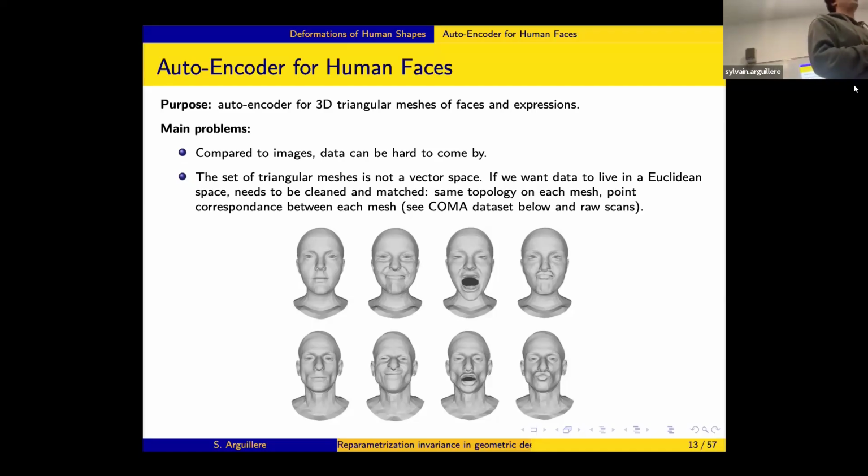Why do you have such extreme expressions in this data set? I think it's on purpose, but why? I guess they just asked people to do these expressions during a scan, like, okay, go from neutral to as wide as possible.